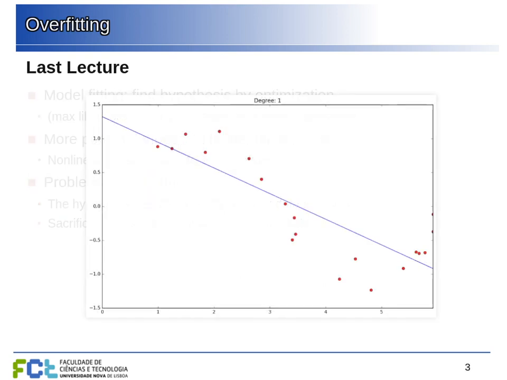The model is sacrificing performance outside the training data because it's fitting too much to the data we're using to train it. So, for example, if we try to fit this set of points, these red points here, with a straight line, we can find the best hypothesis on the hypothesis class of all the straight lines, but it's still not a very good fit because this is a straight line and our data has this curved shape.